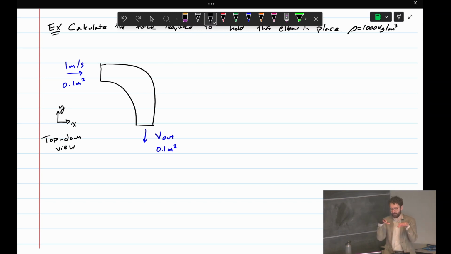Since it's looking top-down, the elbow doesn't have to support the weight of the fluid inside of it. That would be in a different axis than the analysis we're going to do here. So there's our elbow. Our control volume for this we're going to take as something like this.